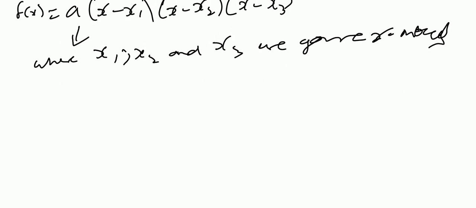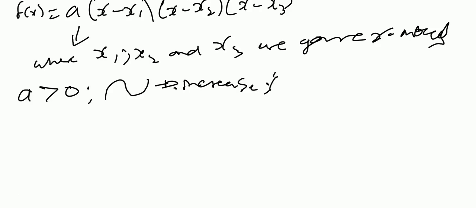Now we are going straight to the cubic. When a is greater than 0, what is happening? Your graph will be like this. It will increase, then decrease, then increase.